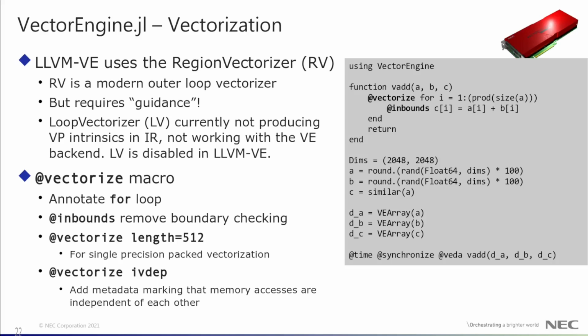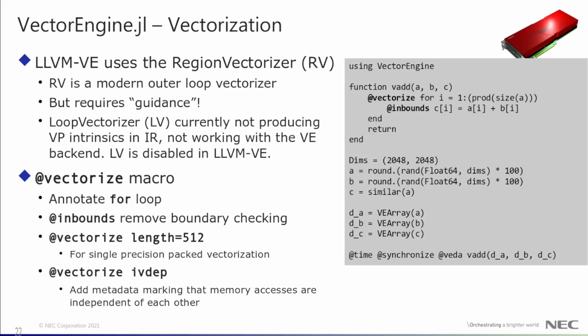We cannot use the loop vectorizer, the default vectorizer from LLVM-VE, because that one is producing a normal vector IR but not VP intrinsics, and that is not working with our backend currently. So LV is disabled in LLVM-VE.